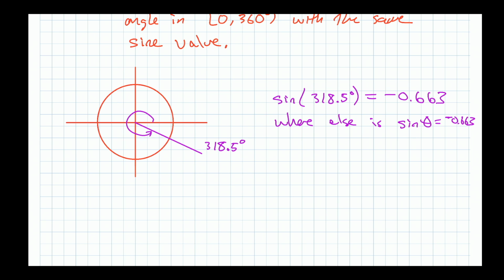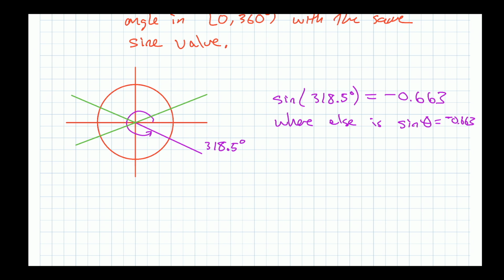And so it's just based on the sign, the plus or minus sign on that value, right? There's actually 3 different angles you could consider here, right? There's one right here. There's one over here. There's one down here, right?